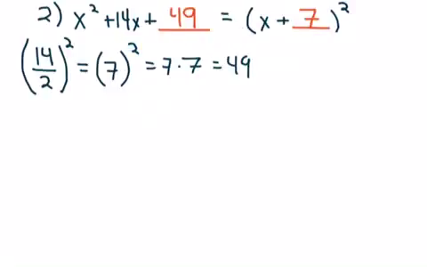So what does that look like? 14 divided by 2 is just equal to 7. So I half that coefficient to get 7, and that goes in this blank, and then I square that. I square 7 to get the number that goes in this blank to complete the square.